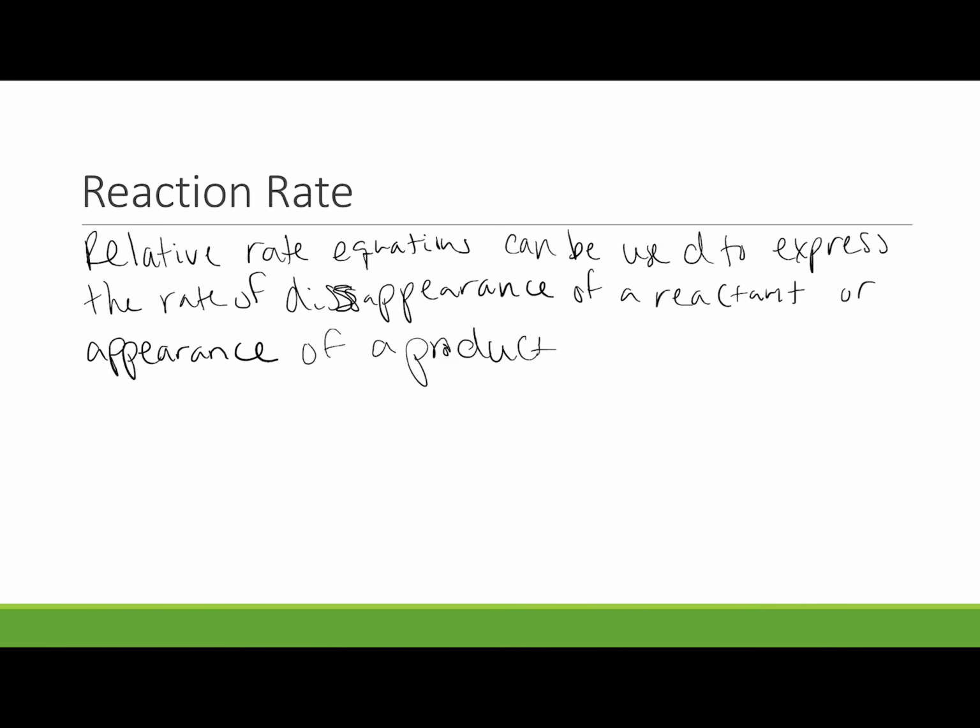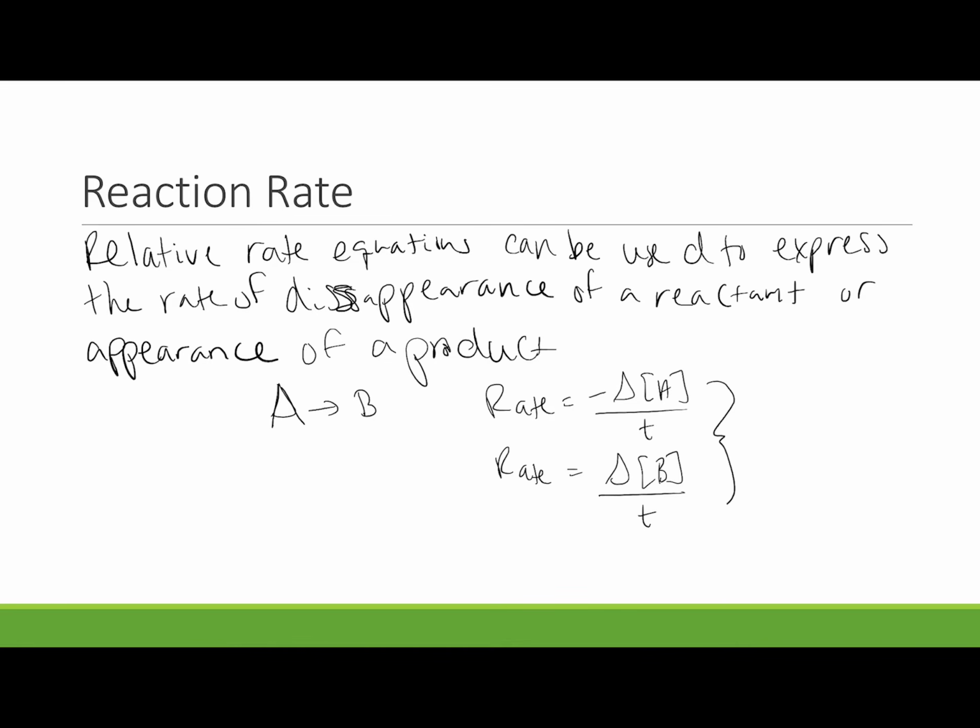So going from A to B, our rate is equal to negative delta A over T, or our rate could be equal to delta B over T. Okay. We call these an average rate over a given period of time.